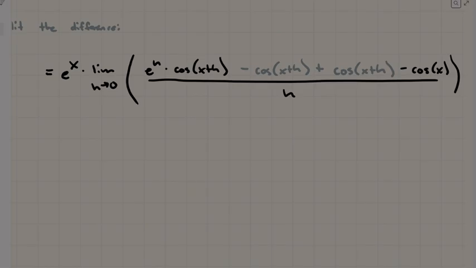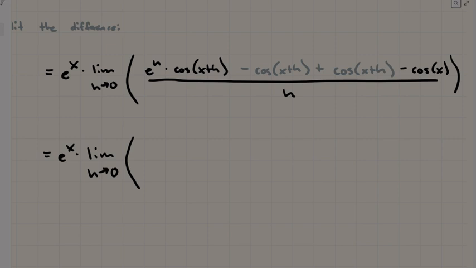And the reason that we want to do that is because it's going to affect the way we group this limit expression. So then for the next step, we still got e to the power of x times the limit as h approaches 0 of.